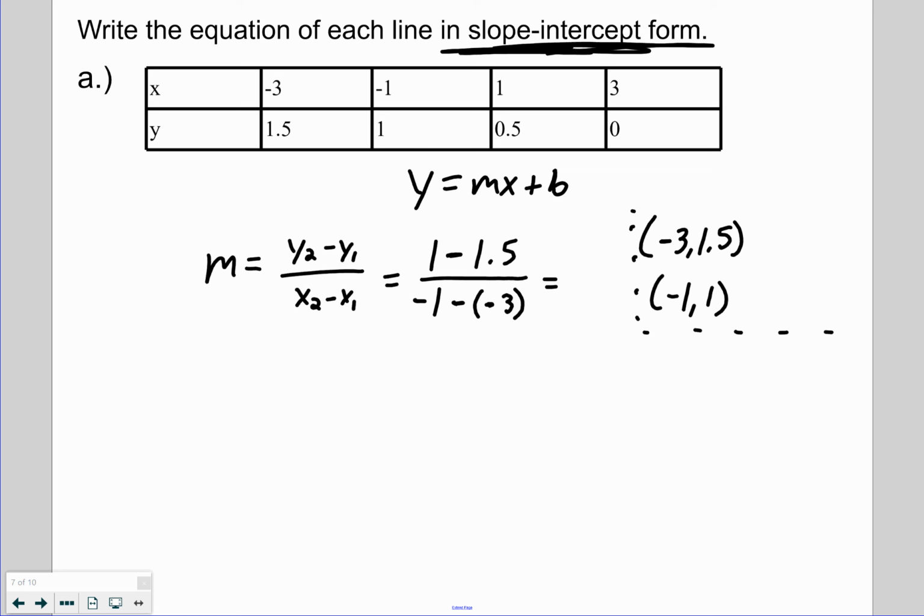What is 1 minus 1.5? -0.5. Over -1 plus 3, which is +2. Okay, uh-oh. Who knows -0.5 divided by 2?